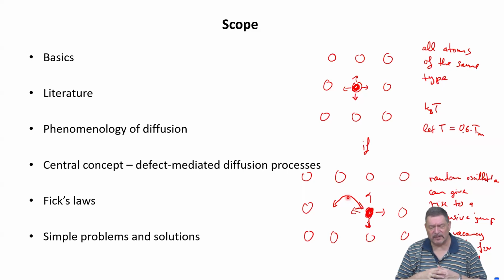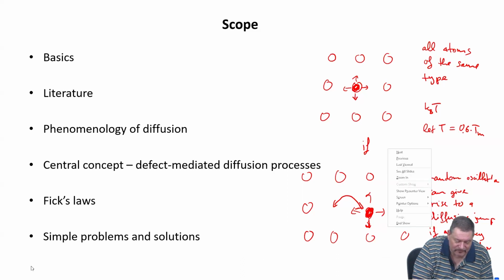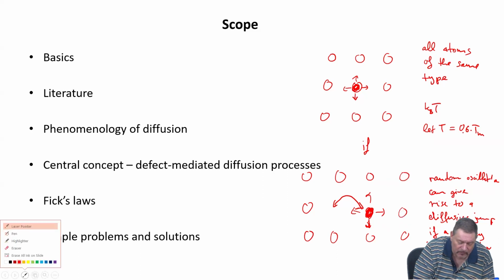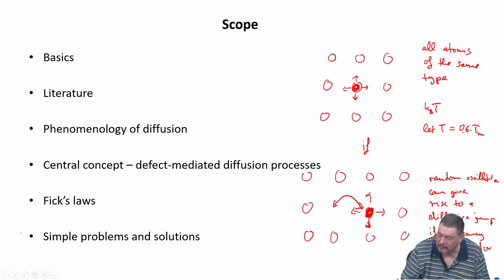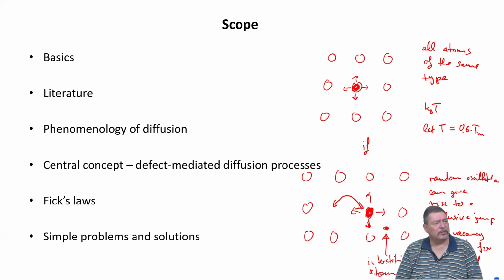What if we have interstitial diffusion? Okay. So let's say I put carbon now into this lattice. Is there any change? Let me ask you a question.